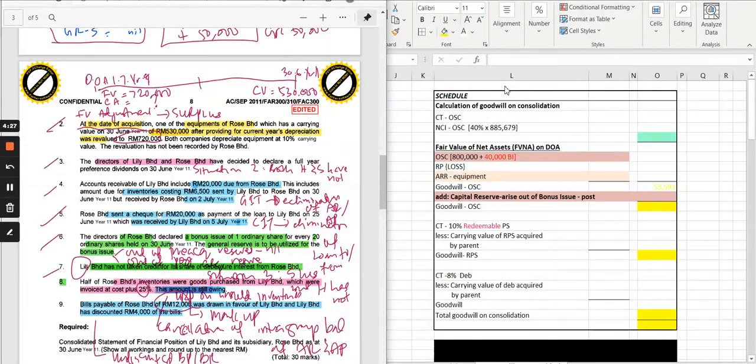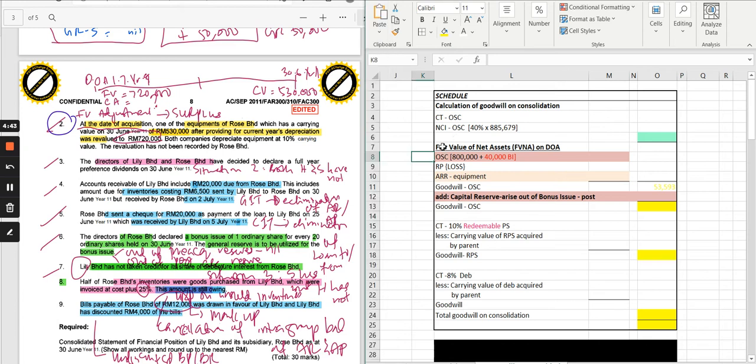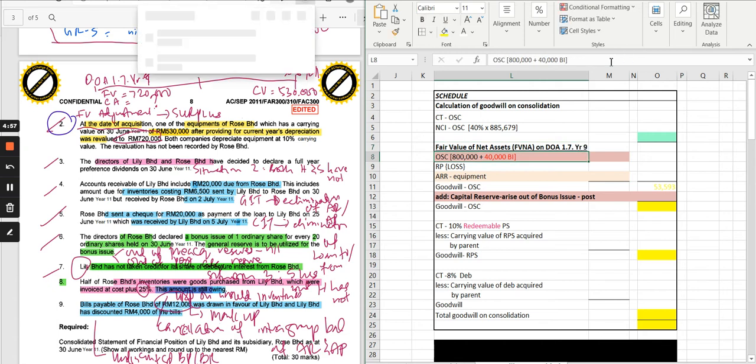Right, so you would notice that the first item here was the fair value adjustment, and that happened on the date of acquisition. So whatever affects the fair value of net assets on the date of acquisition, remember our date of acquisition is on 1st of July, year 9, we need to go and do that adjustment first.